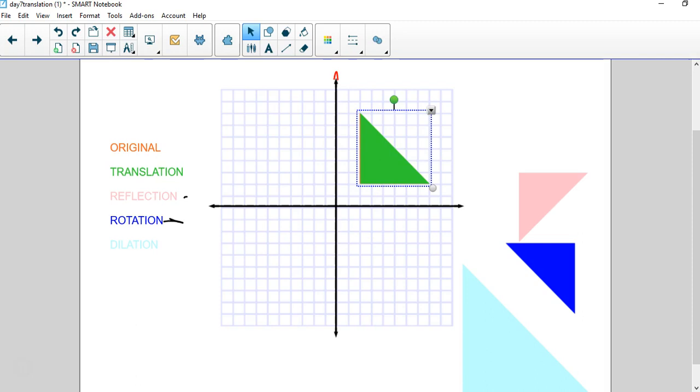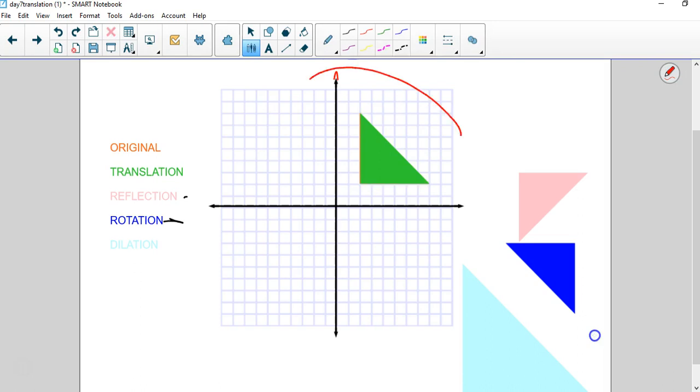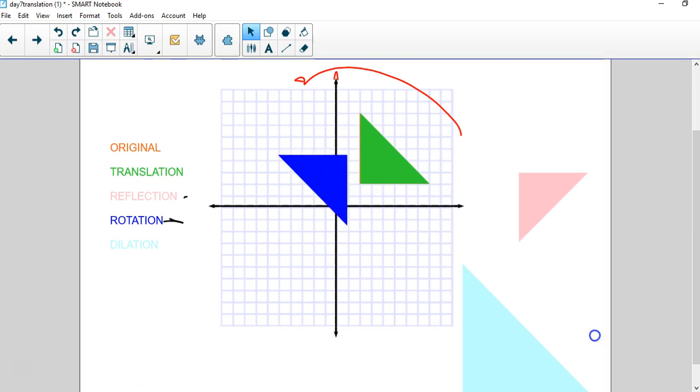But if we rotated it around different quadrants, okay, now I can't do it here exactly, you have to work with me here, but if I rotated it over into this quadrant over here, it would end up looking something like that.